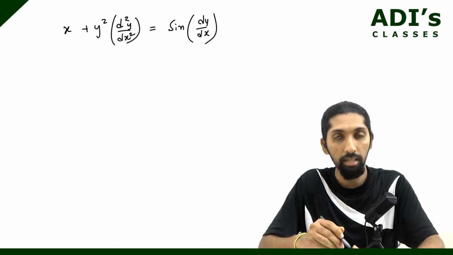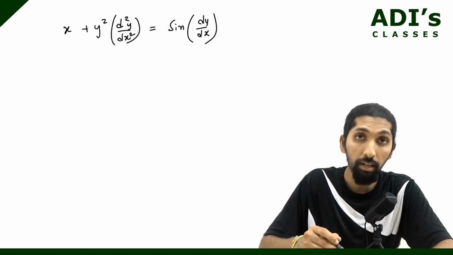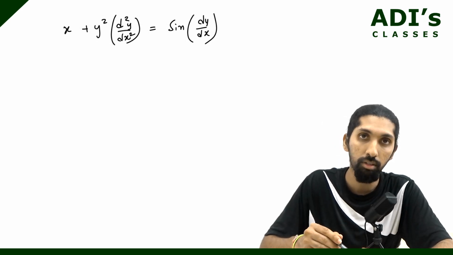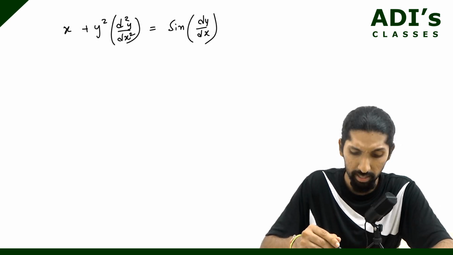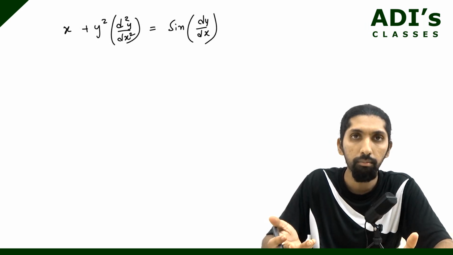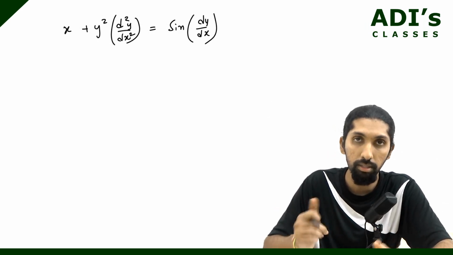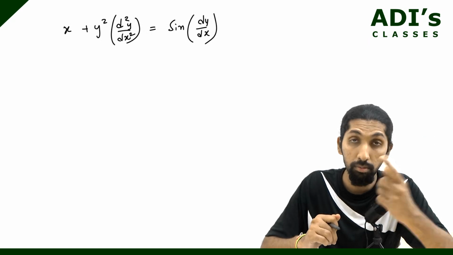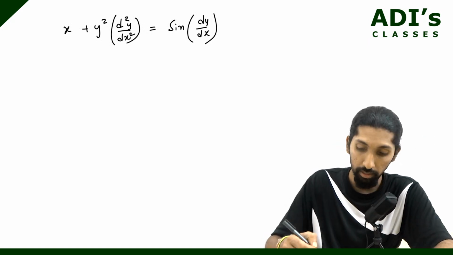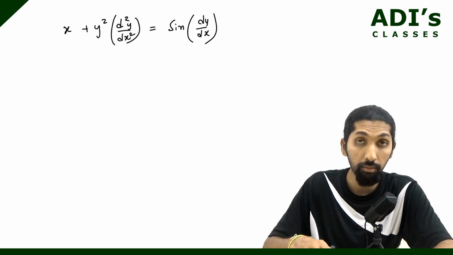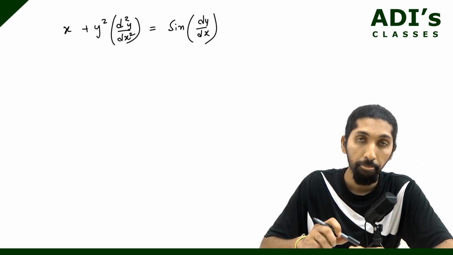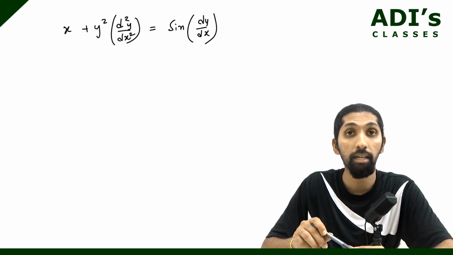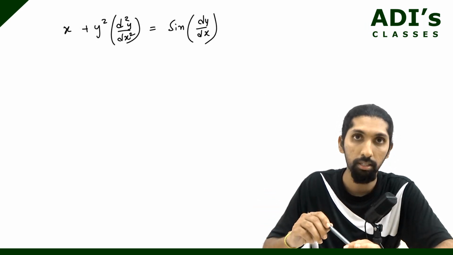In this example, we can't really calculate the degree and the order. You might ask, why can't we do it? Because d square y by dx square is right outside. The order is 2, degree is 1. You can tell that. But that sine of dy by dx is there, right? That is going to change the entire differential equation itself.